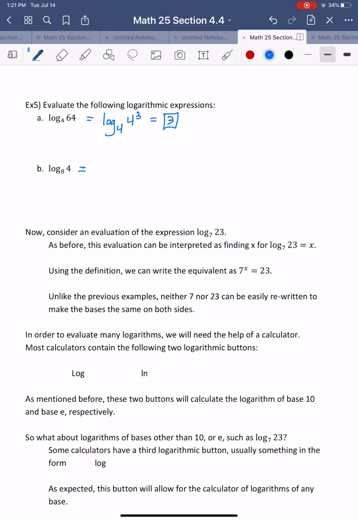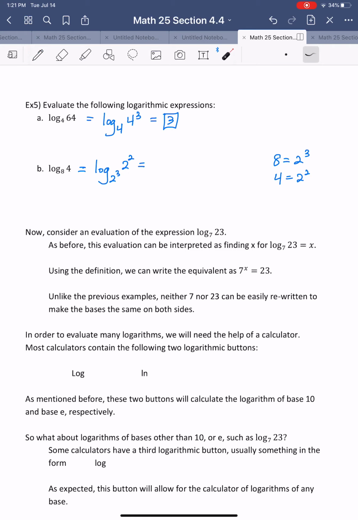Same for the next one. But I don't think we can convert 8 to 4 to any power. But there's a common base, which is 2: 8 is the same as 2 cubed, and 4 is the same as 2 squared. So I'm going to replace those expressions. Instead of the 8, I'm going to put 2 cubed. Instead of the 4, I'm going to put 2 squared. So this time, the base is a match, okay?